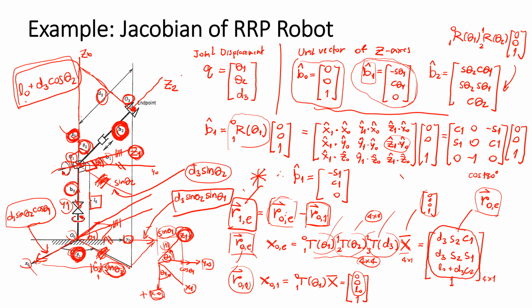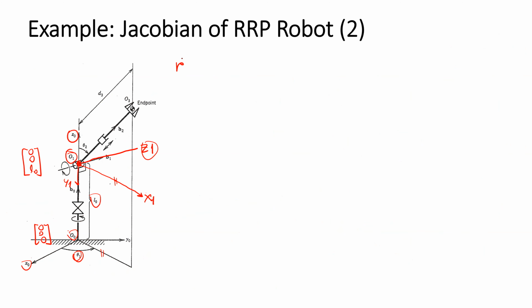It should be composed from the position vector that points from frame 0 to the end effector, subtracted by the one we have from frame 0 to frame 1.